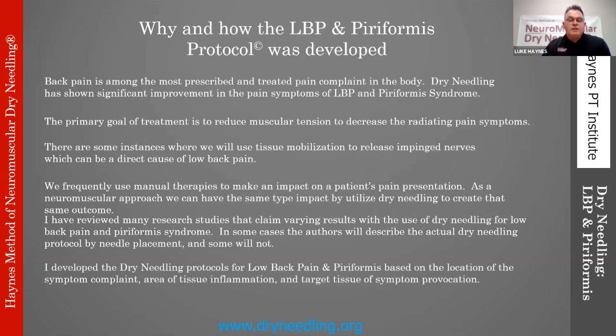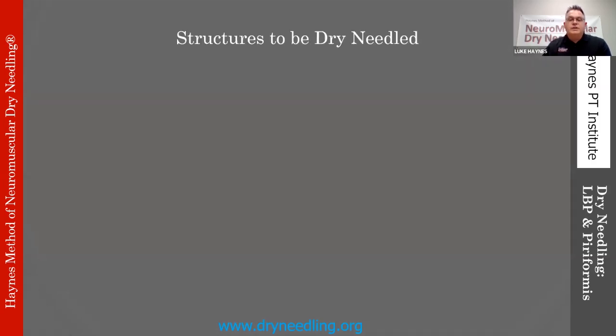Again, I've developed these dry needling protocols, in this particular low back pain and piriformis, based on the location of the symptom complaint, the area of tissue inflammation, and the target tissue of symptom provocation.